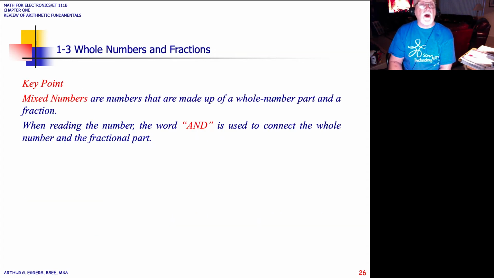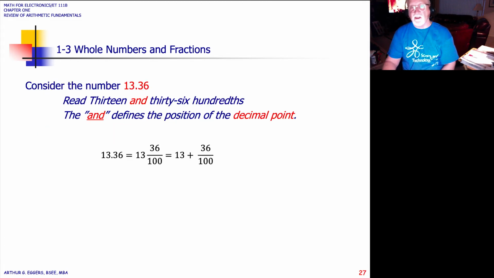Key points show up. In this case, the first one says mixed numbers are numbers that are made up of a whole number part and a fraction. We use the "and" to determine where the decimal point is. So 13 and 36 hundredths: we use the whole number part and the fractional value, and we can see it becomes 13.36.